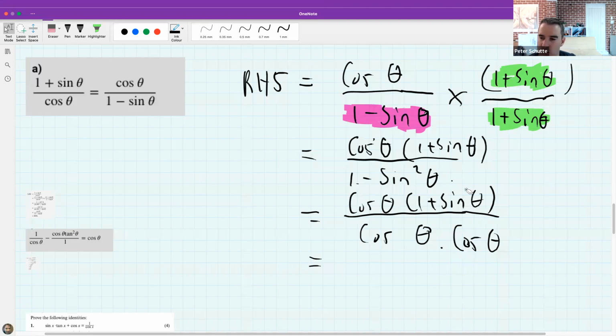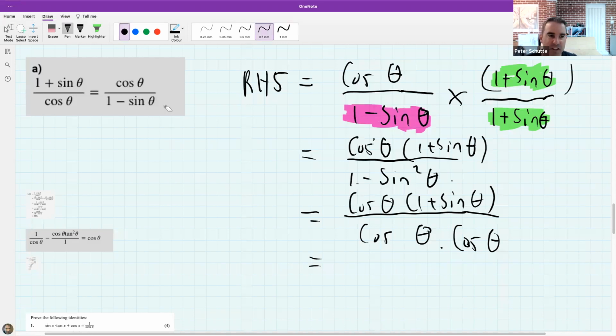So what do we need to do there? Yeah, cancel out the cos thetas. And I think happiness is upon us, ladies and gentlemen, because what I see is 1 plus sine theta on the top, and on the bottom, I see cos of theta, which is what the left-hand side is.